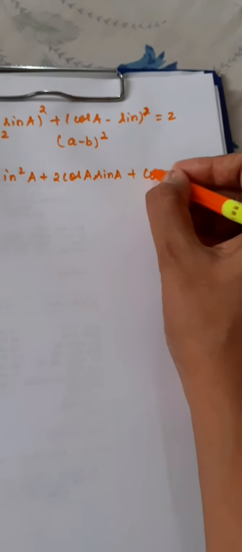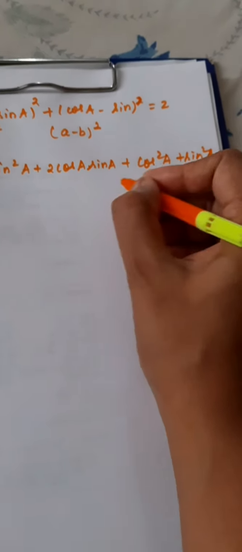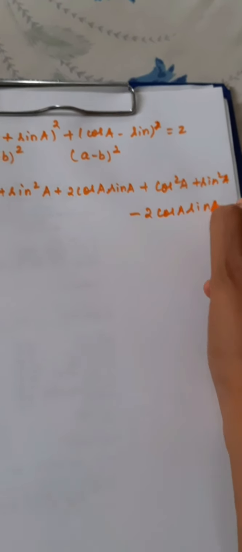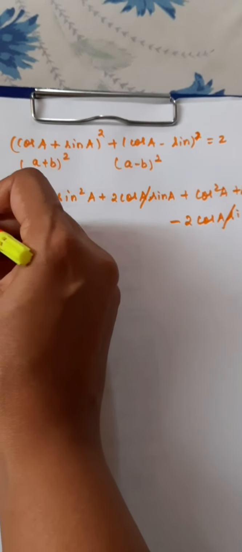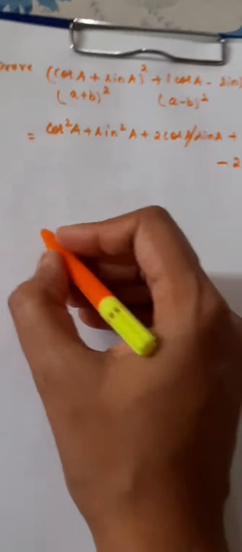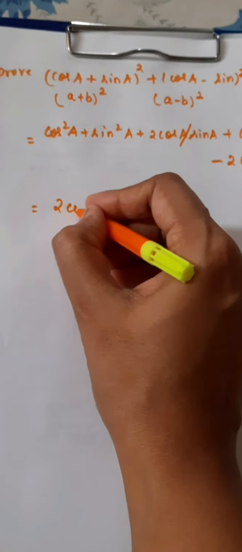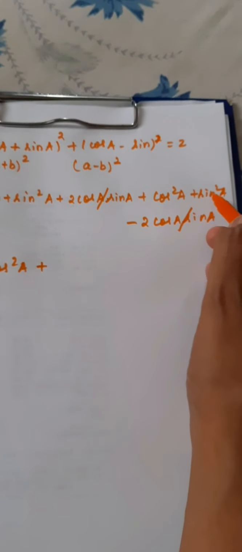So by applying it, cos square A plus sin square A minus 2 cos A sin A. So these two will cancel. It's going to be 2 cos square A plus 2 sin square A.